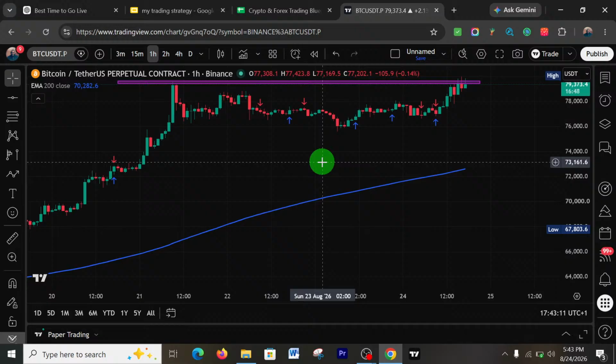So BTC tends to respect a much more popular time frame, a time frame that a lot of traders use. That's the right word to use.